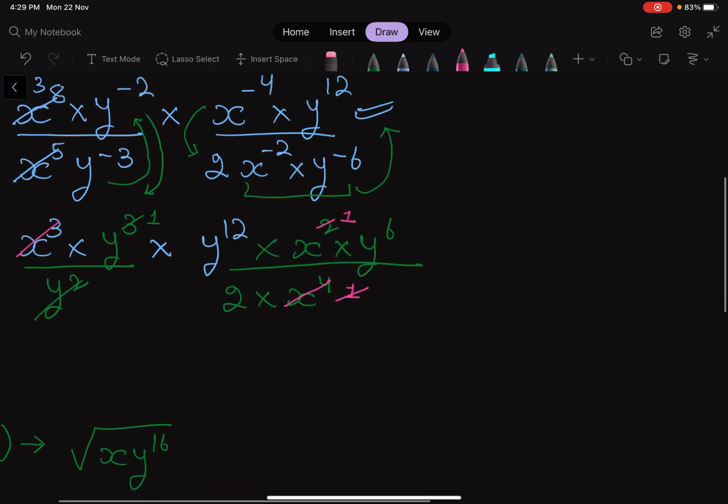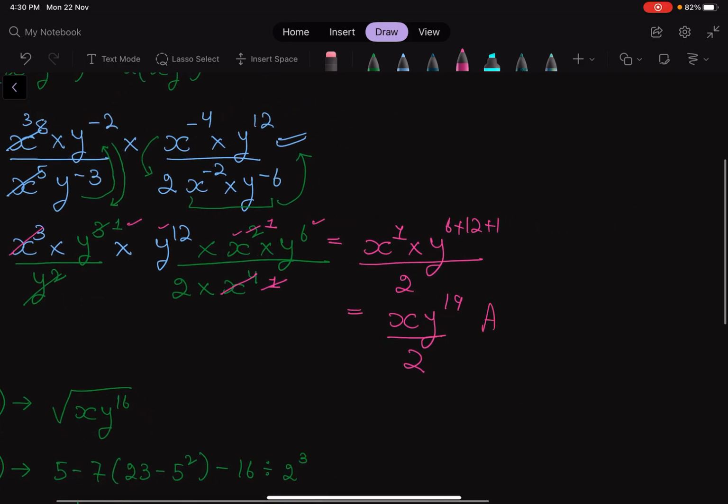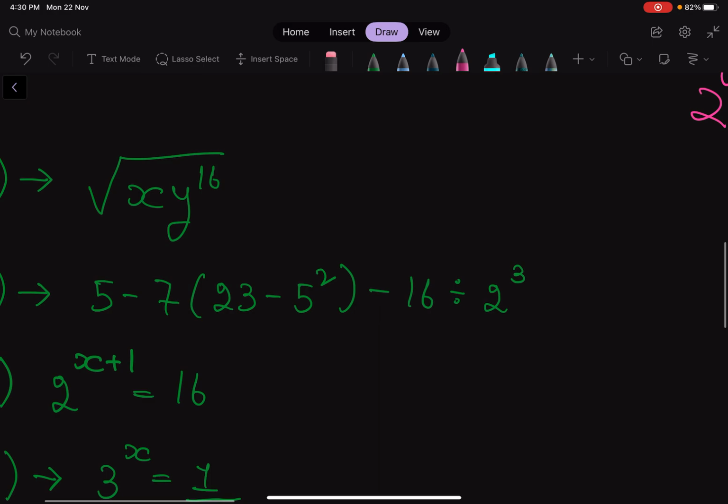So what we have on the numerator is y power 12 and x power 1, y power 6. So it's x power 1 multiplied by y power 6 plus 12 plus 1, divided by 2. So the answer is x y power 19 upon 2. This is our final answer, guys. You just need to flip the negatives here. We're moving on to the next one.